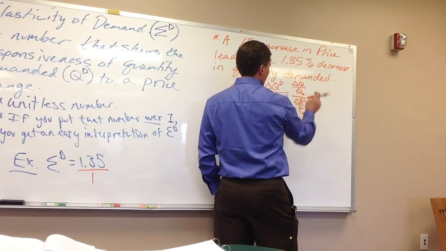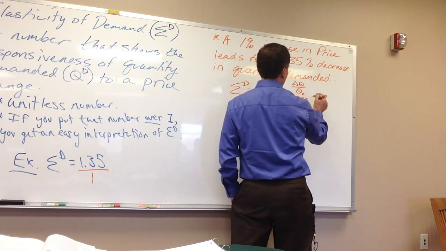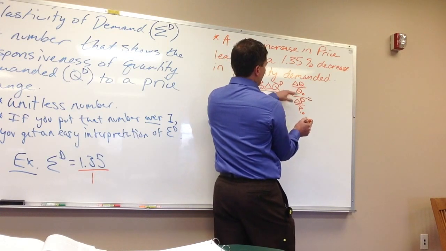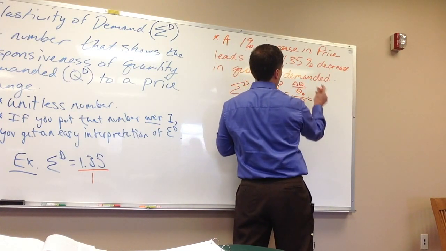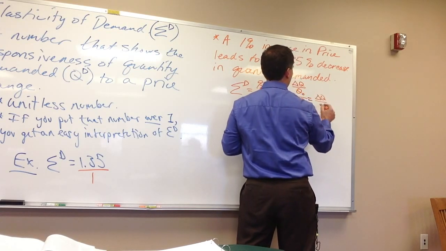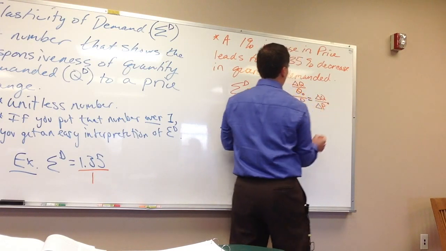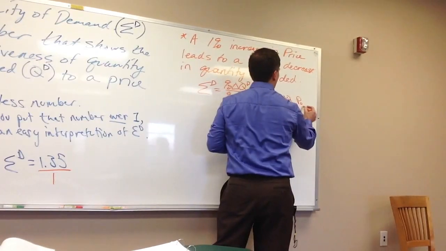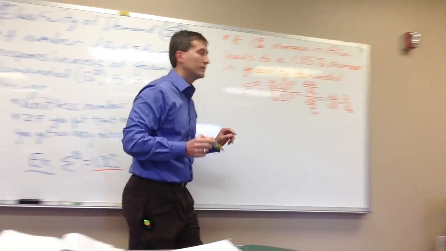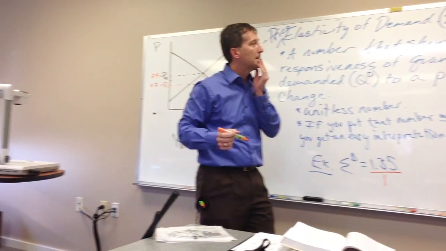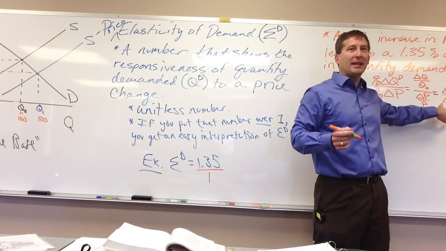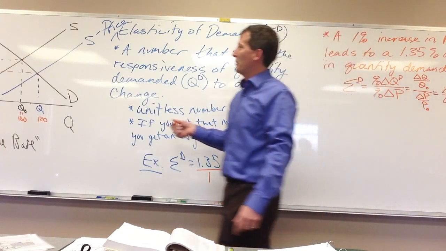So this gives us a little bit different twist here too. If we take this formula and rearrange the terms, kind of multiply the top times the bottom, we get the change in quantity. I'm going to do this in 2 steps here. Divided by the change in price times the point estimate along the demand curve. Now, change in Q over change in P is close to being what over here?